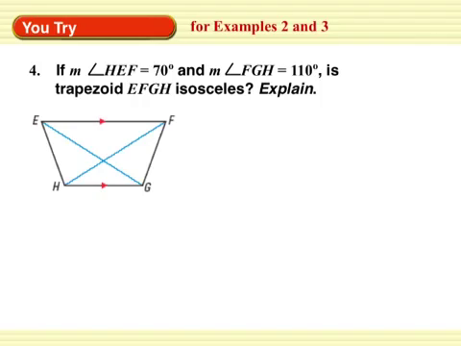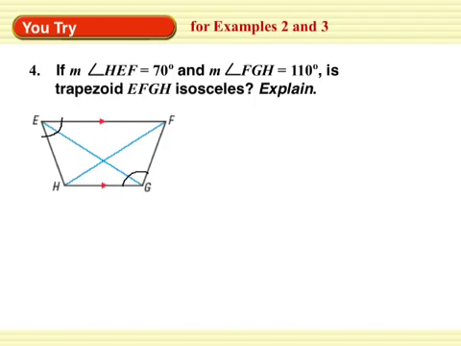Number 4, if the measurement of angle HEF, it's this whole one right here, is 70, and the measurement of FGH, that one right there, is 110, is trapezoid EFGH isosceles?